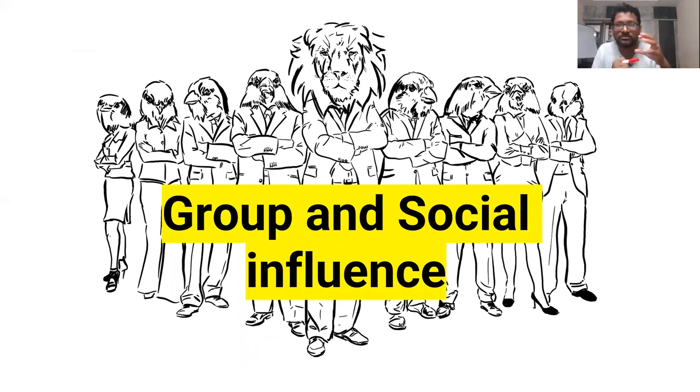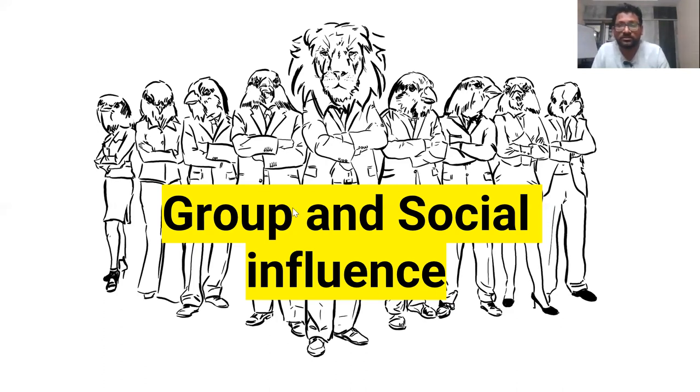When we talk about social influence, we'll talk about the groups and how groups behave. But first we need to understand what social influence is: an influence by which our individual attitudes, beliefs or behaviors keep changing or being modified in the presence of, or even the actions of, others.